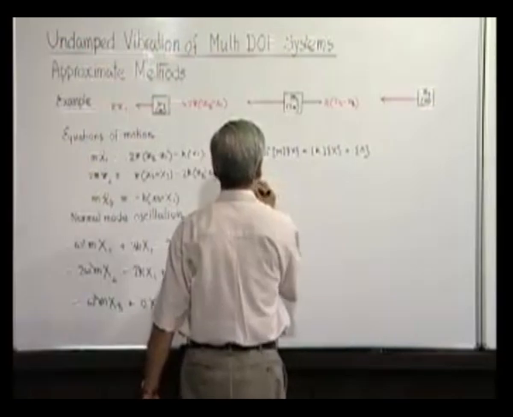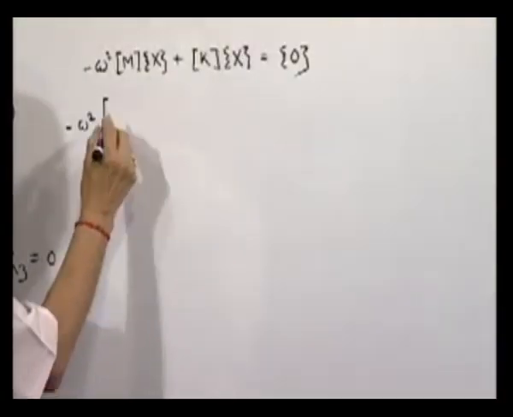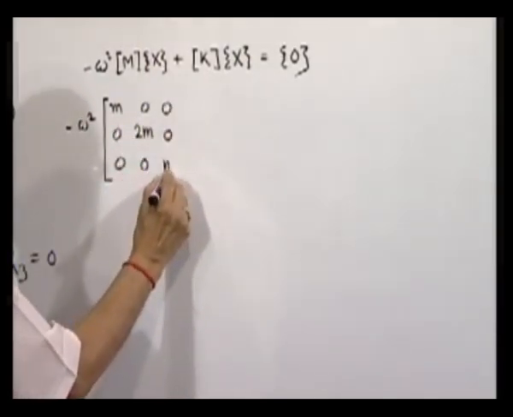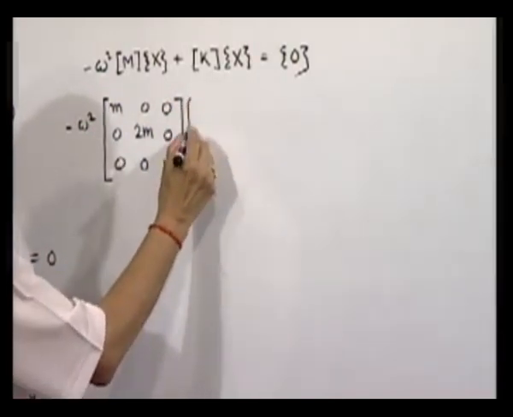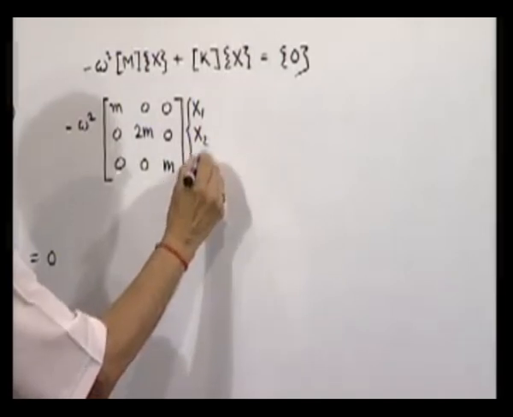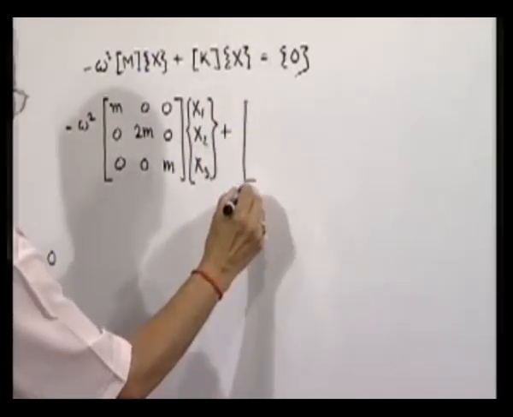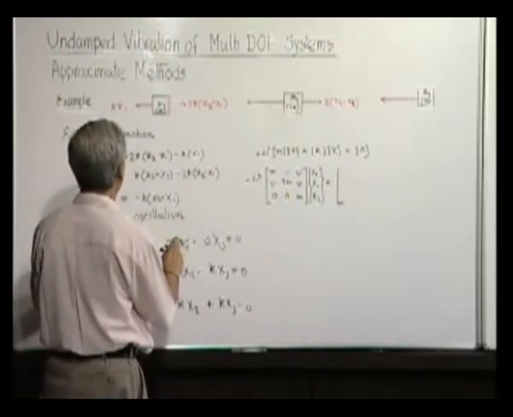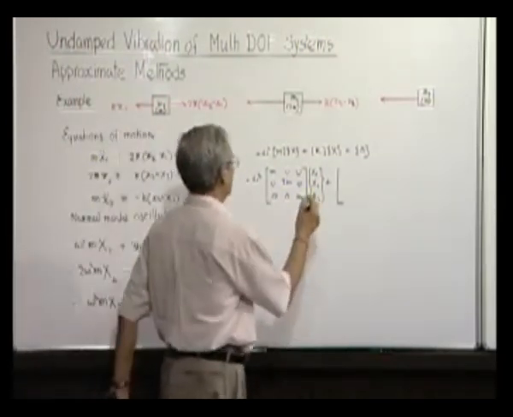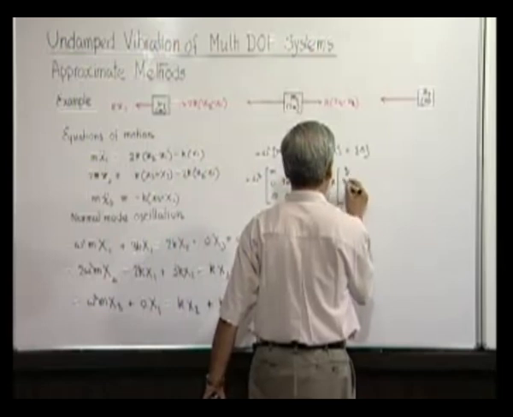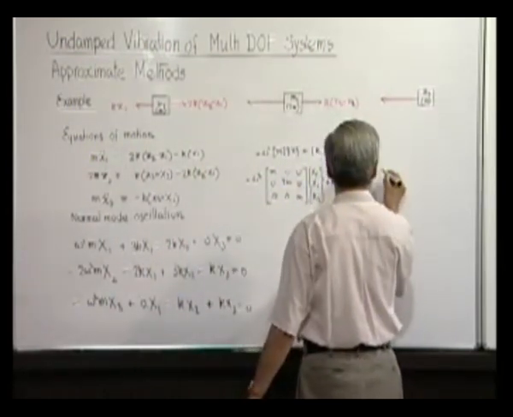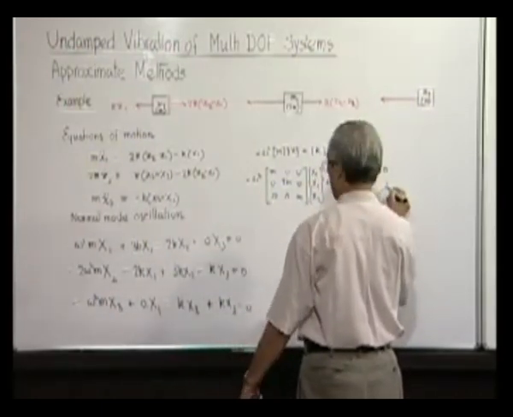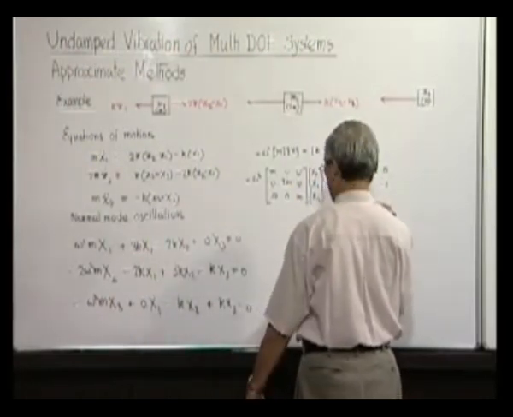So obviously this is nothing but M equal to [m 0 0; 0 2m 0; 0 0 m] plus, now the K matrix you will find will be k times [3 -2 0; -2 3 -1; 0 -1 1].